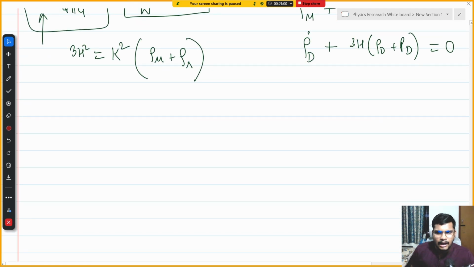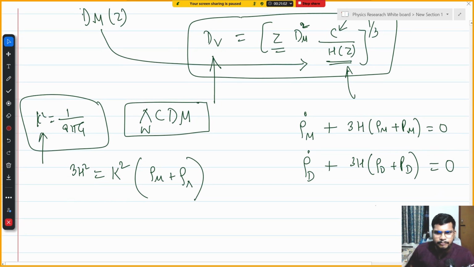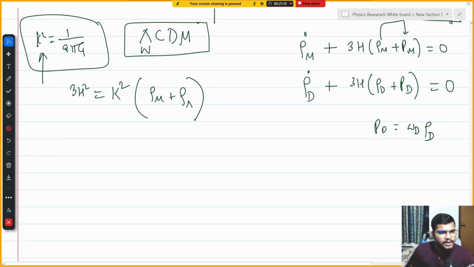Right now I am considering that pd is equal to wd into rho d, and here I'm going to consider that pm is equal to 0 times rho m. So this is basically zero because it is verified that dark matter is pressureless. Right now we are going to assume this one, all right? So 3H squared is equal to kappa squared (rho m plus rho lambda), and what you can basically do is a simple thing.